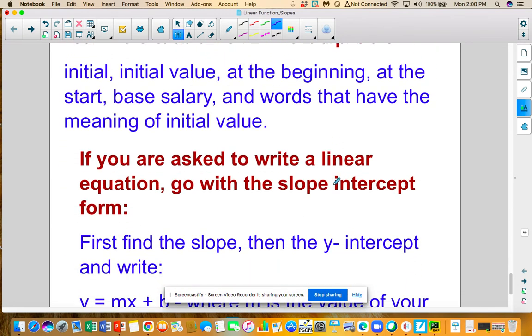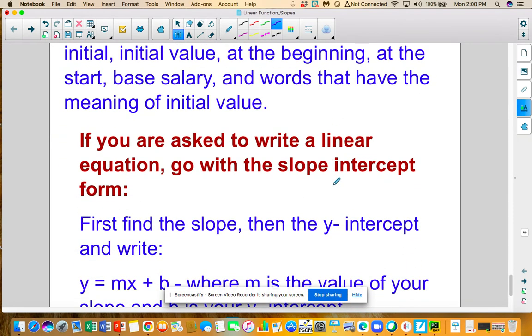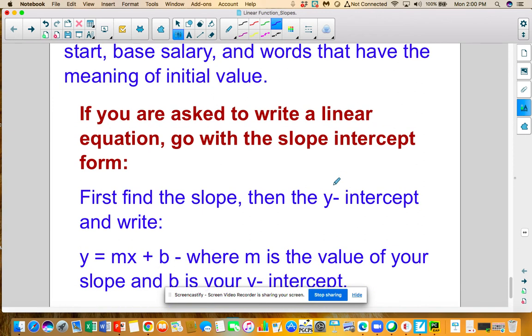This is important because to write an equation of the line, you basically need your slope and your y-intercept. That's all you need, because those are the only values that you are going to be replacing. y and x stay as variables in the equation. The only values you are looking to replace are the slope m and b.